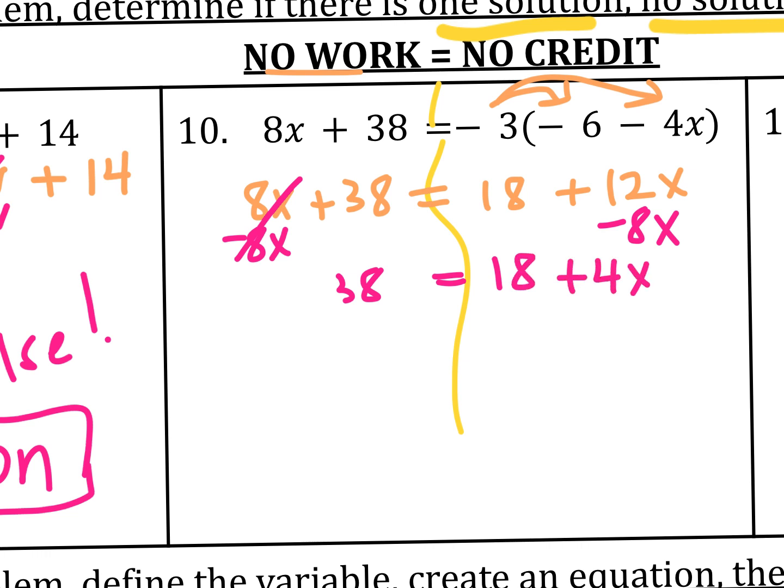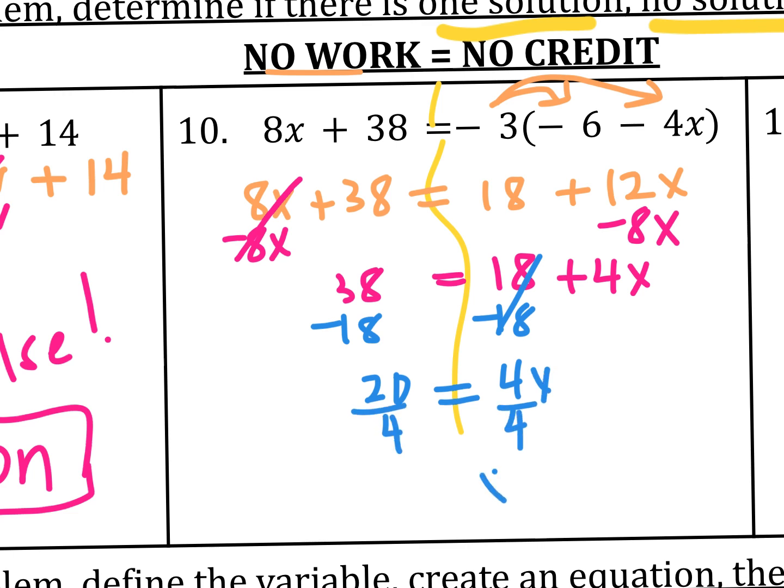And now we have a two-step equation. My next step is to subtract 18 on both sides. And that gives me 20 equals 4x. The last step, divide both sides by 4, and x equals 5.